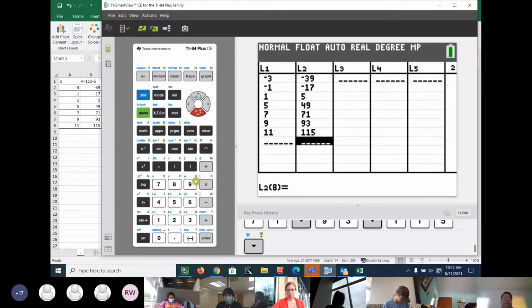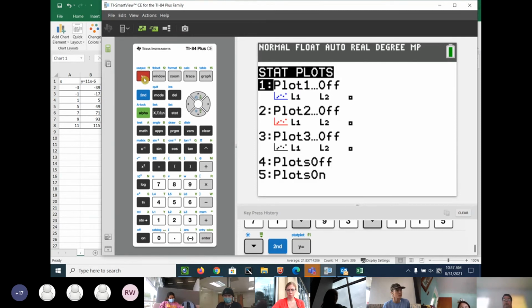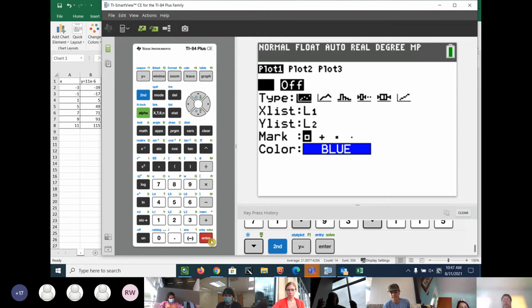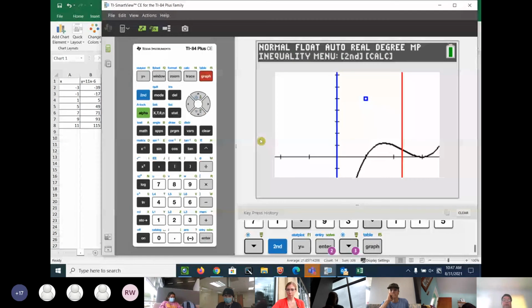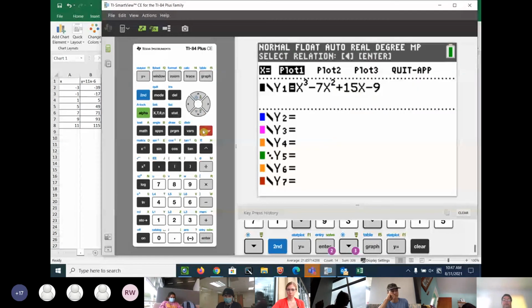Now we need to go to stat plot, go to second, Y equals. Click enter for on. It automatically defaults to stat plot and L1 and L2, so all you need to do is hit graph.